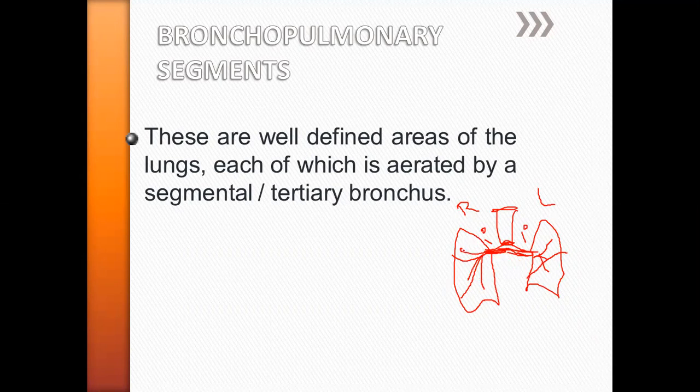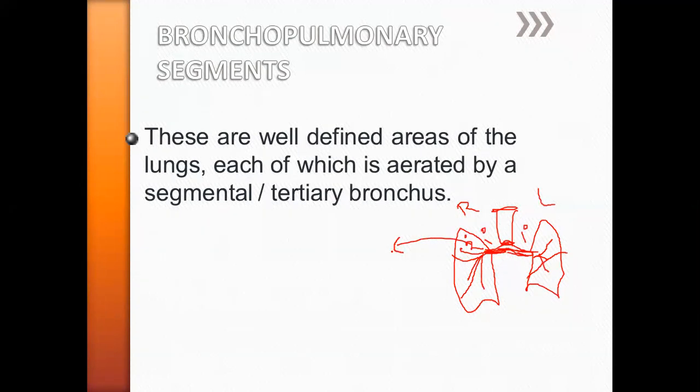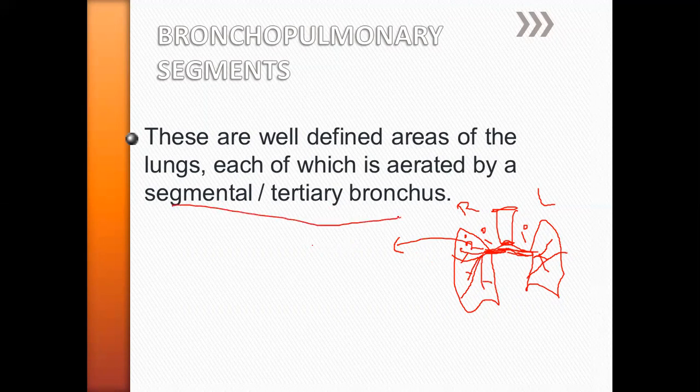Okay. So once the secondary bronchus reaches the lobes, it will again be divided into small bronchi. That is the tertiary bronchus. We call it the segmental bronchus.